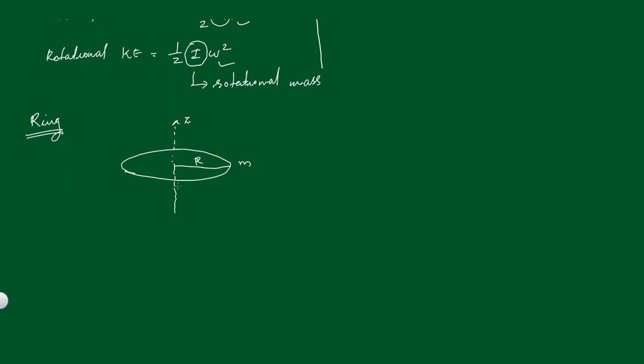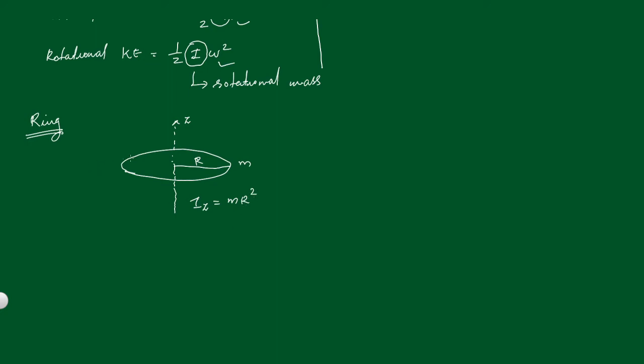This rotating ring has a tendency to continue its rotation. That is called its moment of inertia. So what is the moment of inertia about this z axis? The moment of inertia about the z axis of a ring, Iz, is equal to m r square.